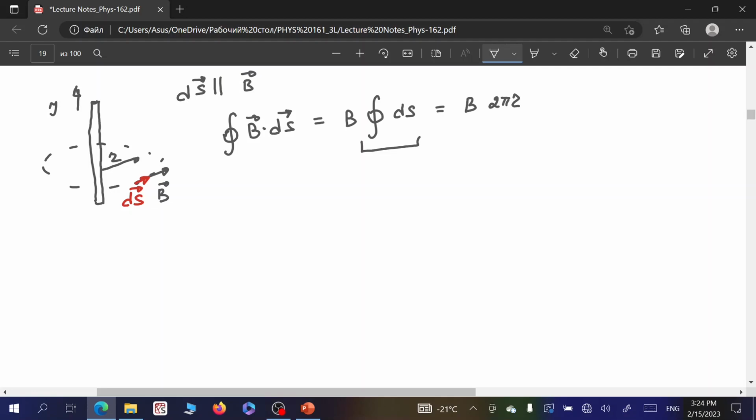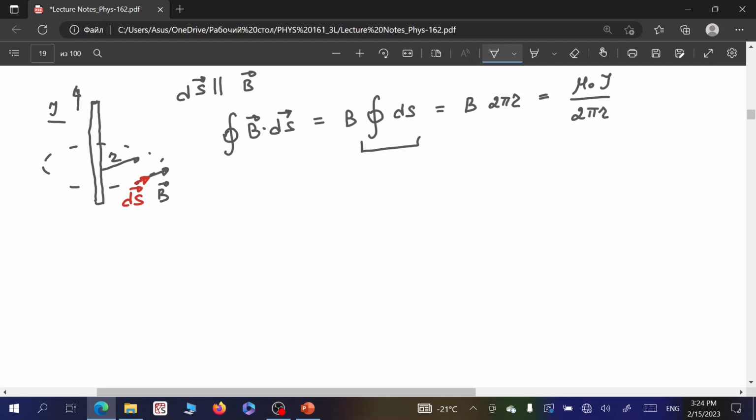And we also know the magnitude of the magnetic field at this position of the circle next to the conductor with electric current I. That is mu naught times I over 2 pi times r.